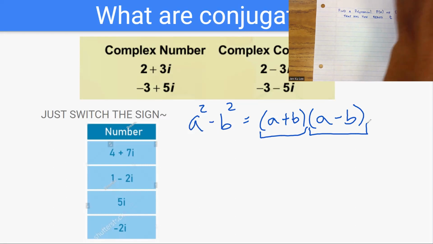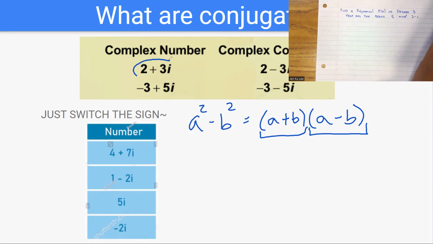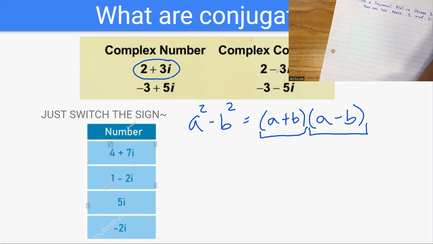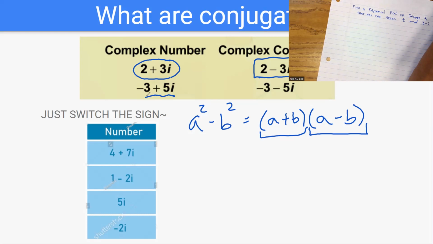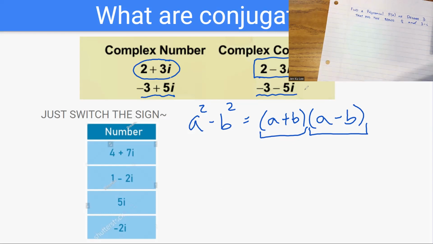So if a complex number is 2 plus 3i, we're going to keep the value of 2 and we're going to keep the value of 3. But the only difference is the conjugate is 2 minus 3i. Negative 3 plus 5i is just negative 3 minus 5i. Okay, we're just going to switch that sign. Sometimes in the middle, but sometimes it's just switching up the sign, right?